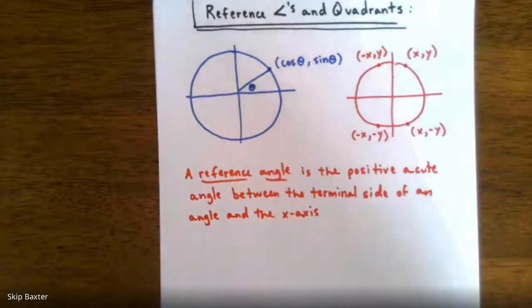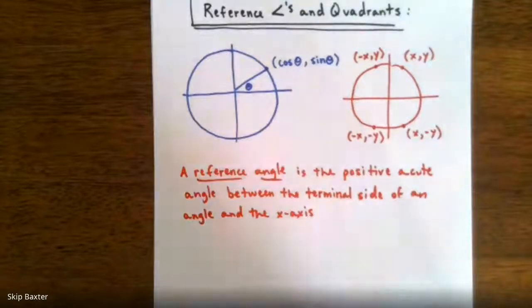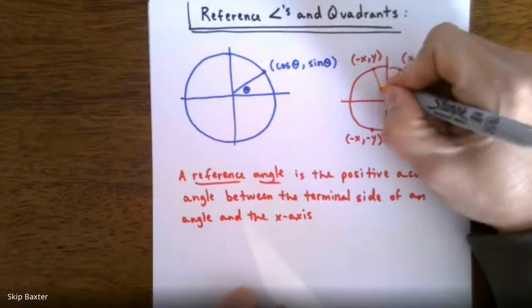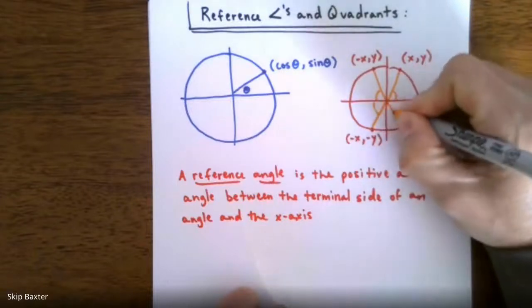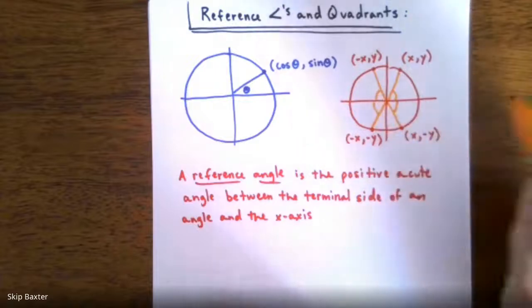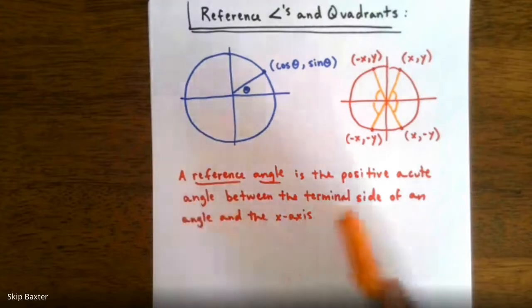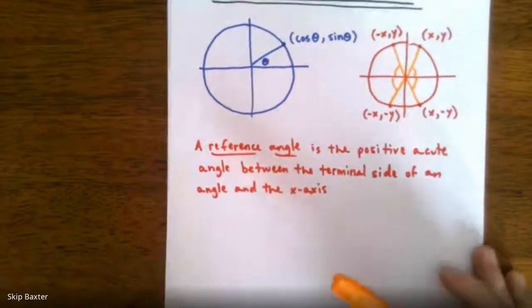So in this picture that I have up here of the unit circle, the reference angles would be like this angle right here, or this angle right here, or this angle over here, or this angle over here. You can see that in this picture, those angles are all the same, right? Those are the 4 reference angles of those points, okay? So a reference angle is a positive acute angle between the terminal side of an angle and the x-axis.